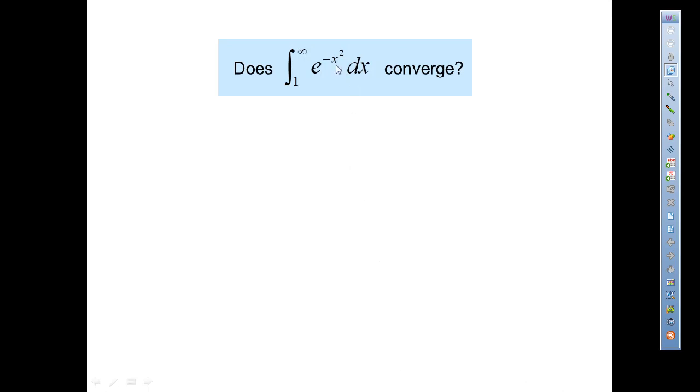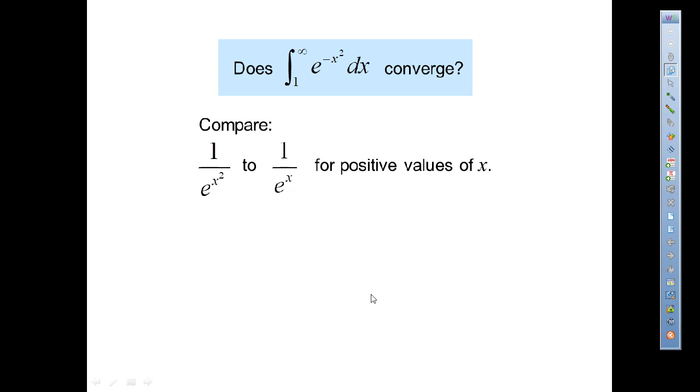But what happens if we take a negative x squared and do it in the same place? Well, we can compare 1 over e to the x squared to 1 over e to the x for positive values of x. For positive values of x, what's going to happen? This one over here is going to have a larger power on top for all values greater than 1.